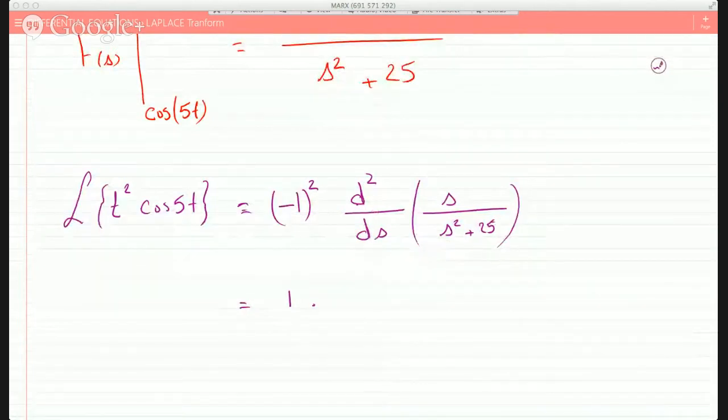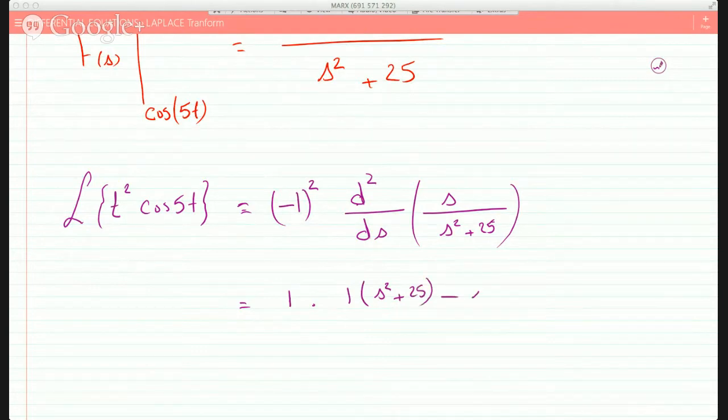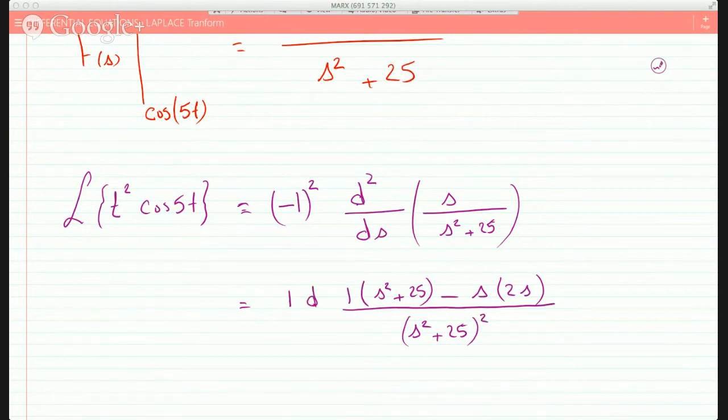you take the first derivative, so quotient rule, with respect to s. So 1 times the denominator minus the top times the derivative of the bottom, over s squared plus 25 squared. That's the first derivative, and then we do another derivative of this derivative.